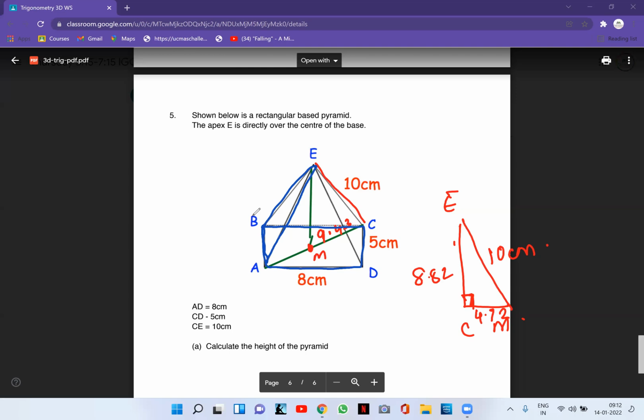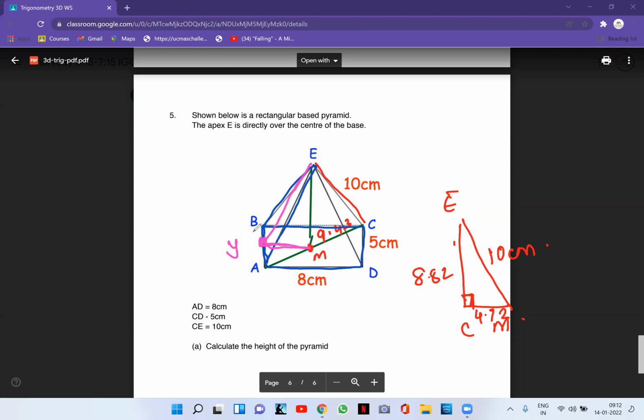So between face ABE and base ABCD, what is the common angle over there? You need to make one line again, because they have said between. So this is the common angle between these two shapes.